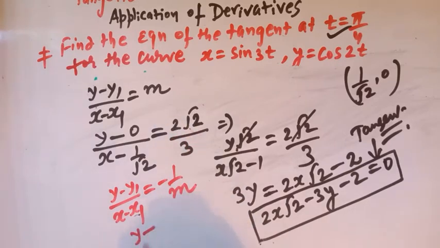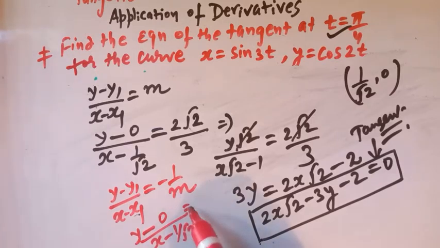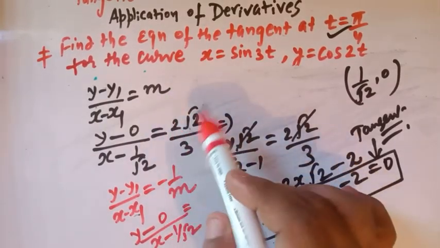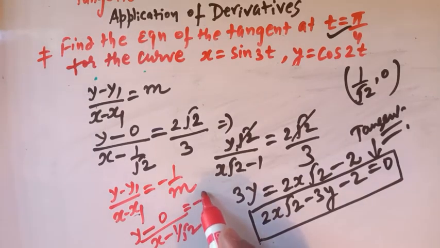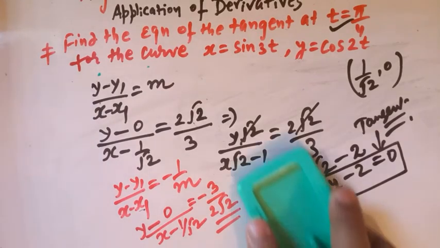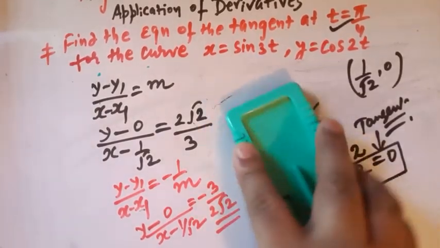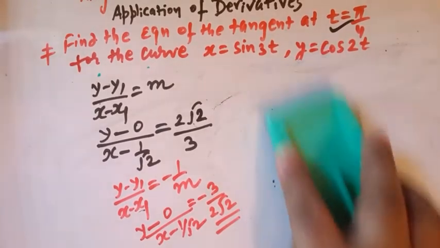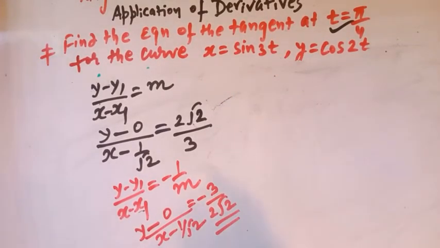So we can write y minus y1, here 0, divided by x minus 1 over root 2, equal to minus 1 over m, the reciprocal of this slope. So this is minus 3 over 2 root 2, and by simplifying it we get the equation of normal. Clear? So let us do it.